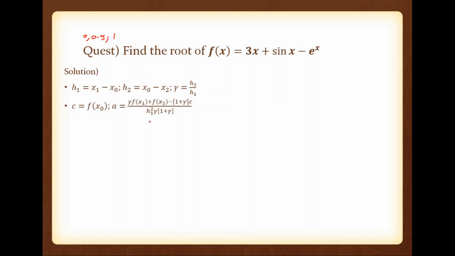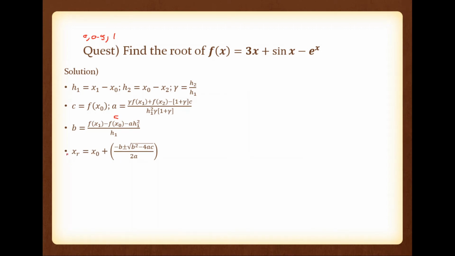This is A. And B is f of x1 minus C (or f of x0) minus A h1 square, divided by h1. This is B. Once we have A, B and C, then we can find VR, and by using VR we can find XR, or directly we can find XR. XR is equal to X0 plus VR.